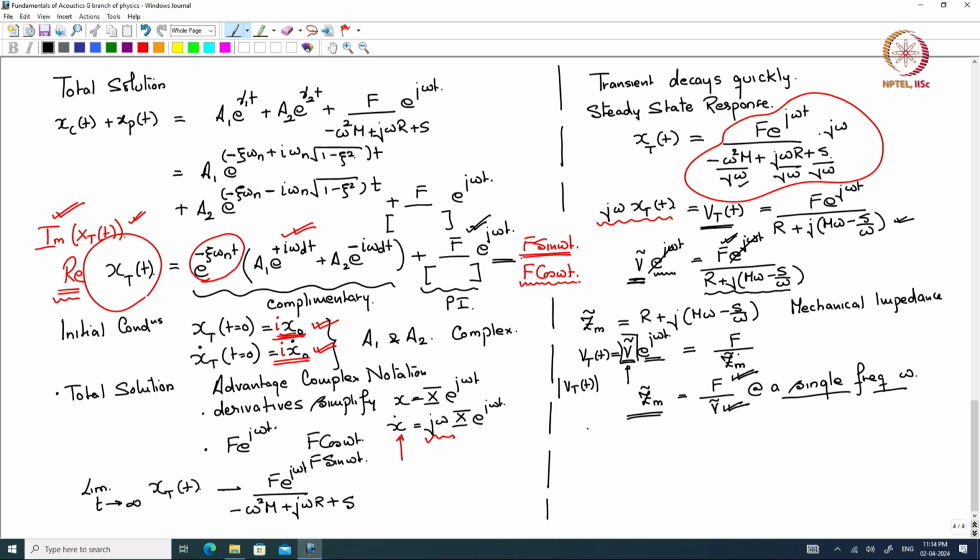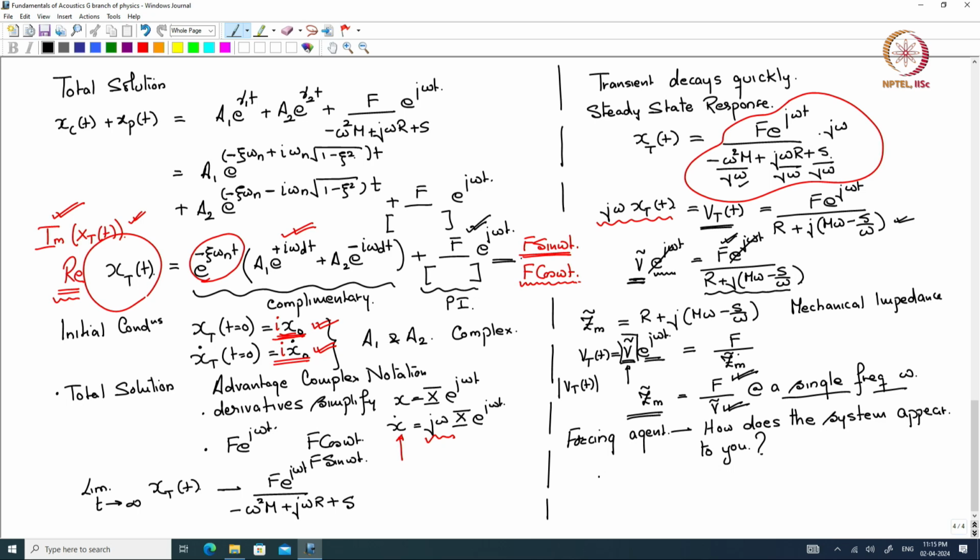So, it is as though we are asking the forcing agent, how does the system, in this case the spring mass damper system, appear to you?